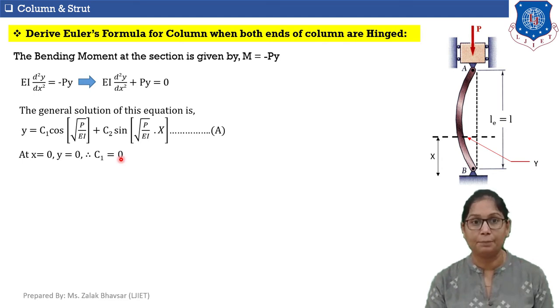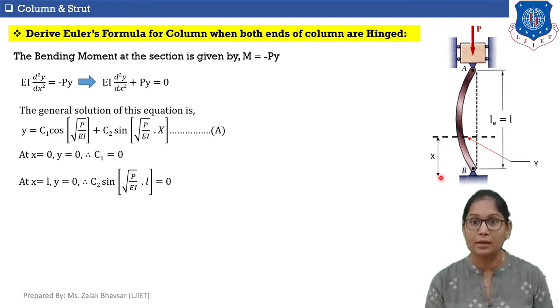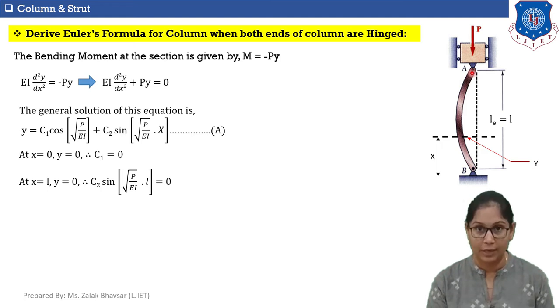Now let's apply the second condition. When x is equal to L, you can see we reach point A. So when x is equal to L, y is equal to 0. If we put x equal to L and y equal to 0 in equation A, we get C2 sin(√(P/EI) L) equal to 0.